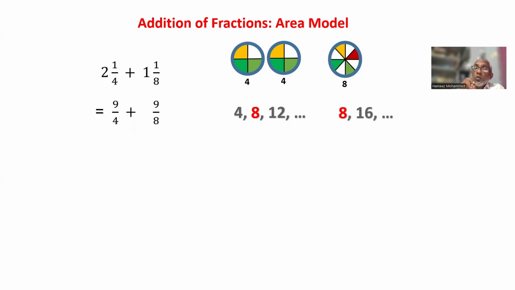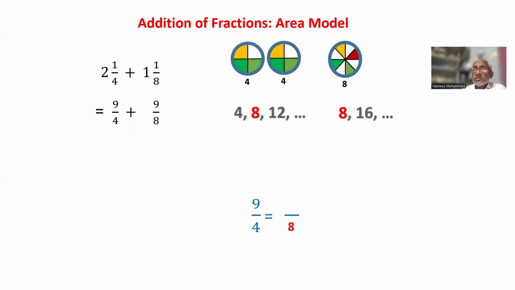So it tells us something: since one is a multiple of the other, we want to be able to convert each of those improper fractions to a denominator that is the same, which in this case is 8s. So we can say 9/4 will be something out of 8. So we're trying to use equivalent fractions.